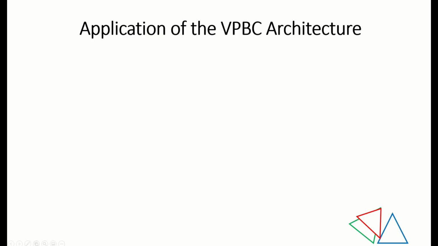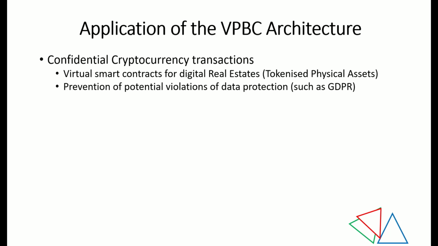We will now discuss the application of the VPBC architecture in real-world scenarios. We propose that this architecture can be used for confidential cryptocurrency transactions. We also see it being used for possible virtual smart contracts as regards digital real estate, and this would be tokenized physical asset transactions in the likeness of what we described before using the Bitcoin application.